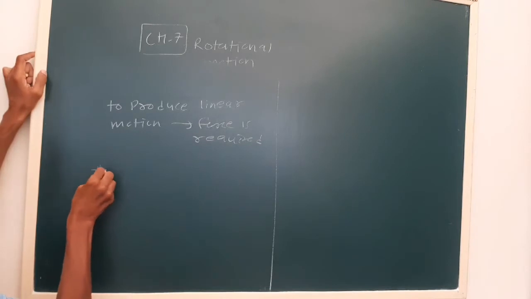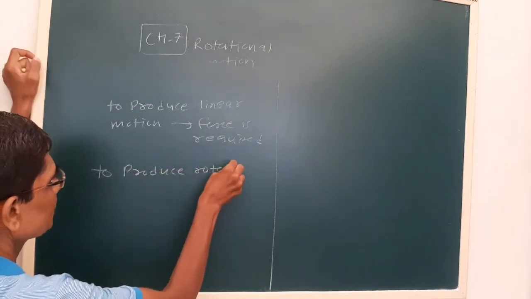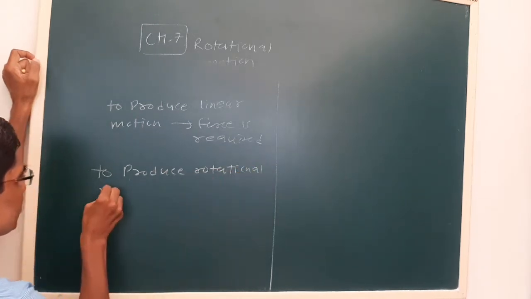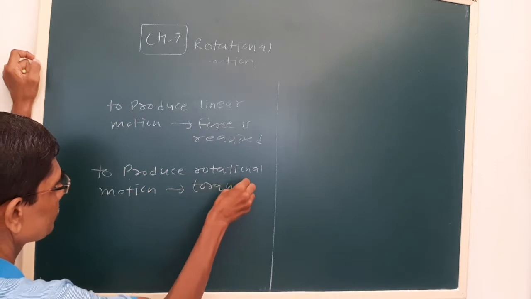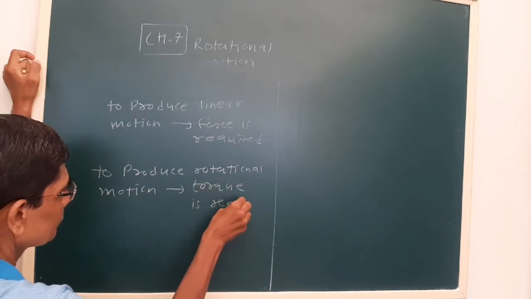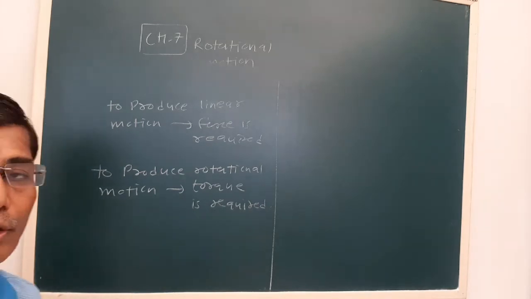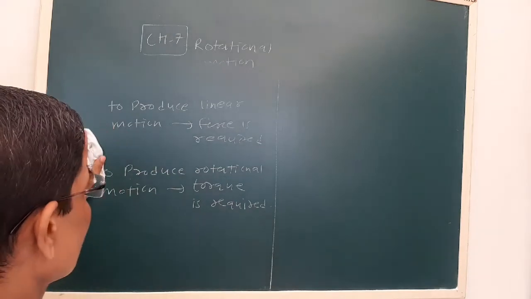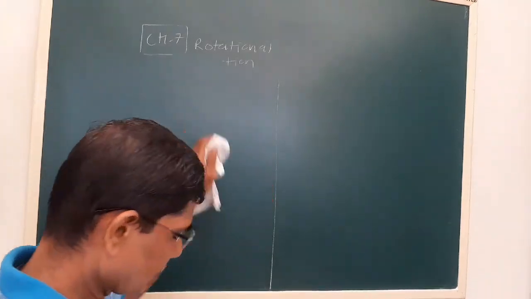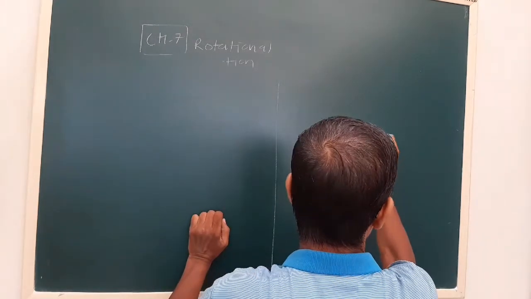To produce rotational motion, torque is required. So torque is a very important physical quantity in rotational motion. Now, there are a number of day-to-day examples also.